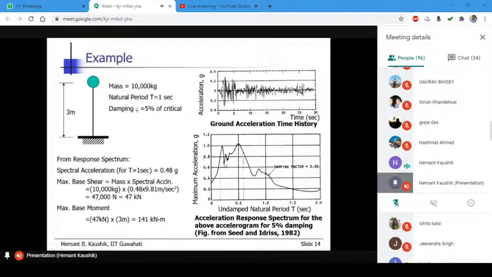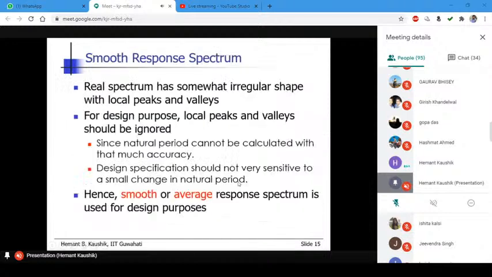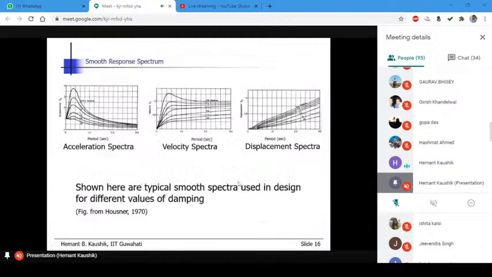Will you consider this or will you consider this? These are lying so close to each other that it is very difficult. If you consider this, you may underestimate. If you consider this, you may unnecessarily overestimate. So it is better actually to ignore some of these points, and I would rather use some average curve. That is why we ignore some of these points.